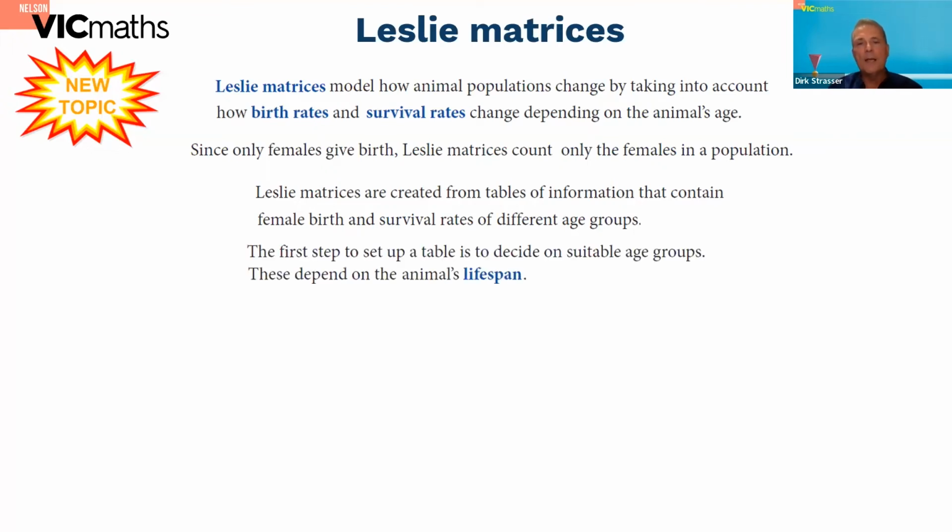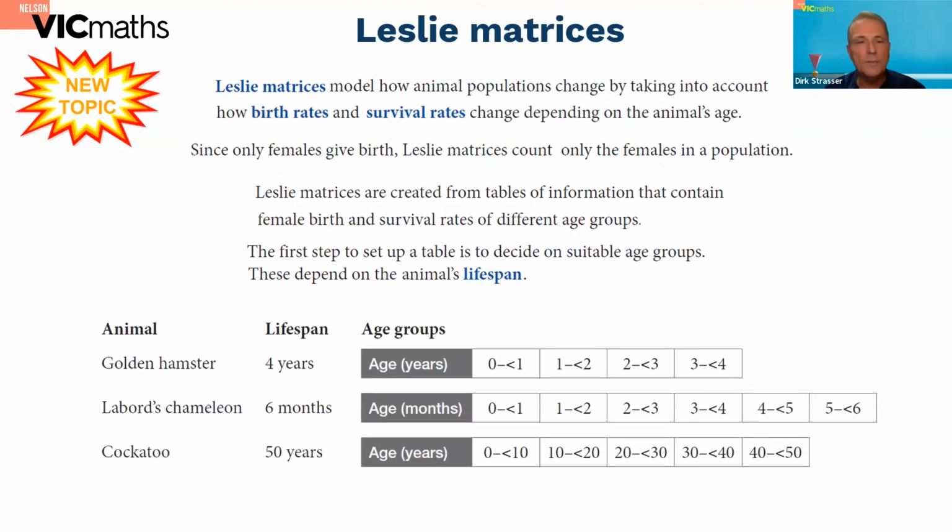The first step to set up a table is to decide on suitable age groups, and these depend on the animal's lifespan. So here are some examples. The golden hamster has a lifespan of 4 years. So the table that you would draw up for this in preparation for a Leslie matrix would probably, the most logical one would be to do it into year groups, so you would count all the golden hamsters between 0 and 1, and then in the second group you've got all the 1-year-olds, and then the 2-year-olds, the 3-year-olds.